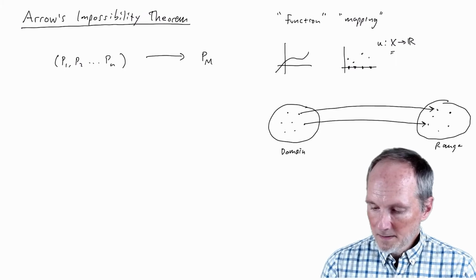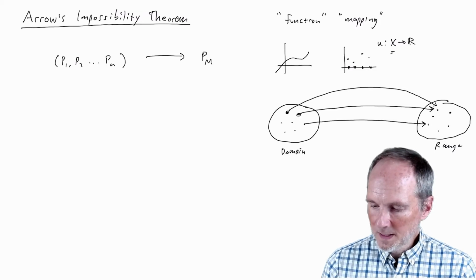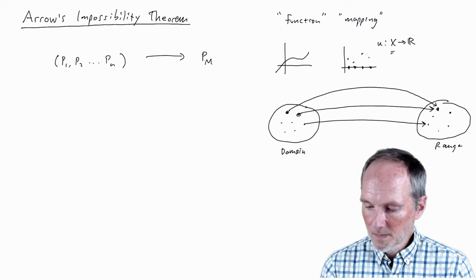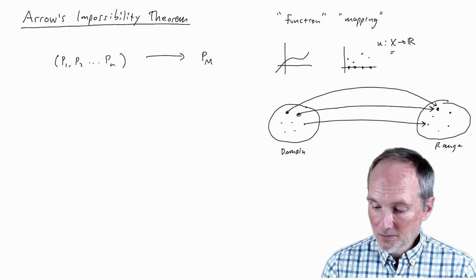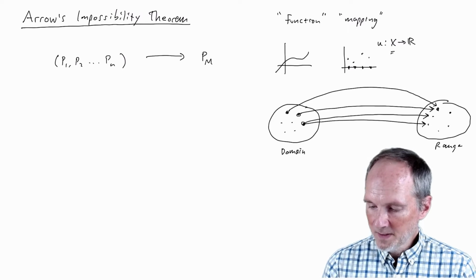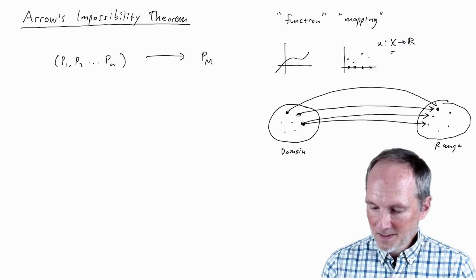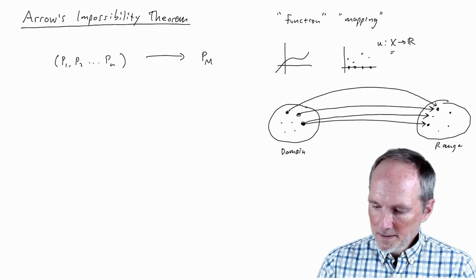It can assign the same thing to two different elements. Here are two elements that are assigned the same thing in the range. The only thing it can't do is assign two things to one element. We can't have something like this because now this element here is being assigned to two different things. So we're not going to allow that.